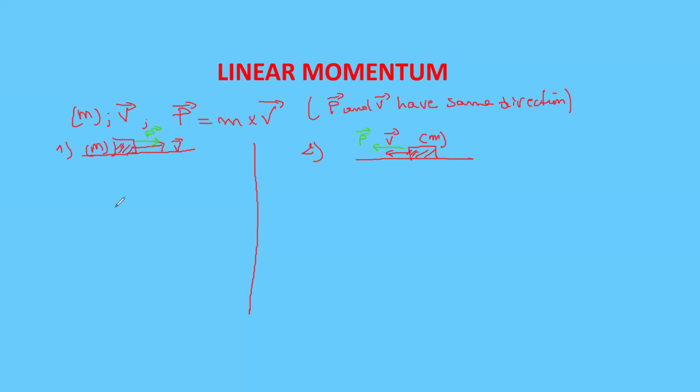Now, what about the magnitude? Each vector has a magnitude. So in our case here, the magnitude p is equal to m multiplied by v.